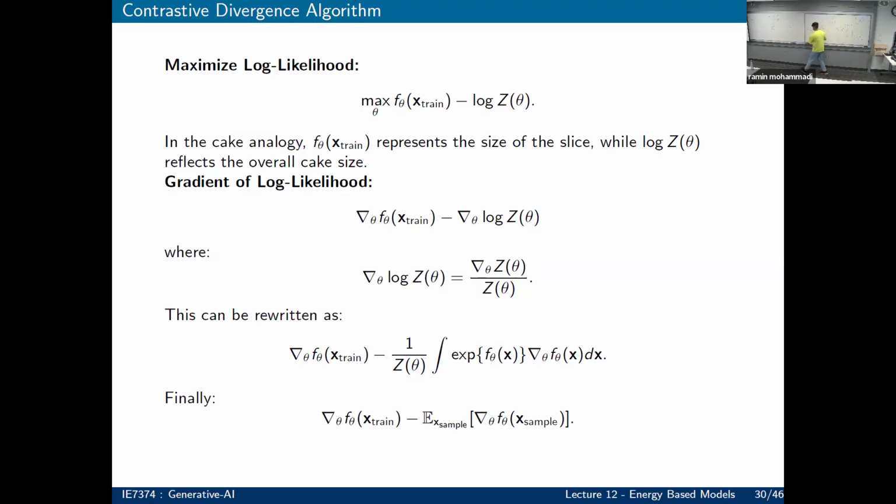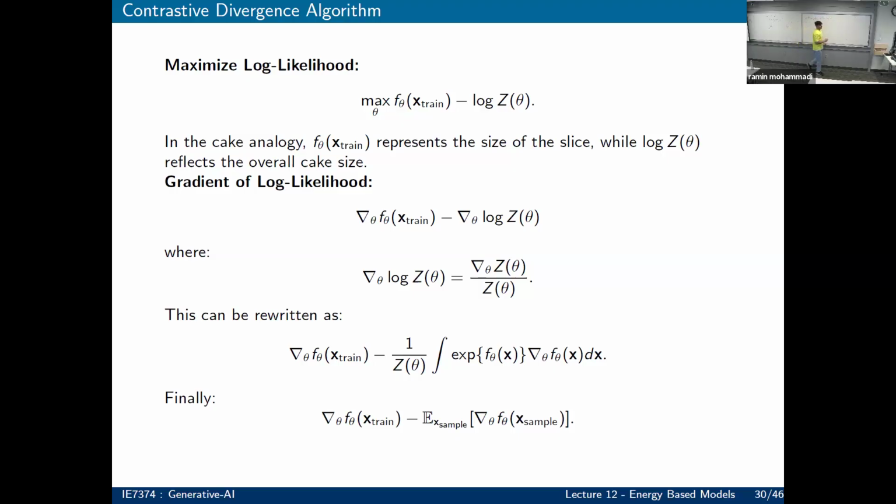Actually, let's write it. We have log p theta of x, which becomes the log of that term. The first term that comes out is technically the exponential of f theta x minus log Z theta, right? The log and e cancel each other.